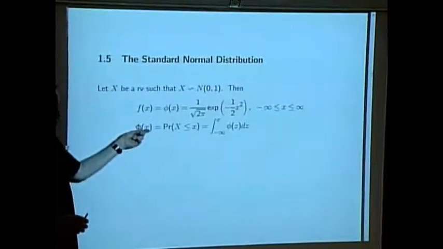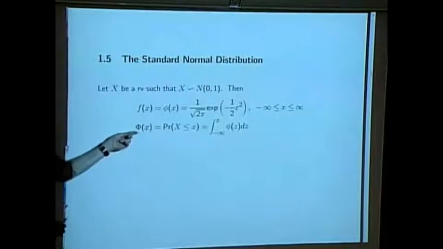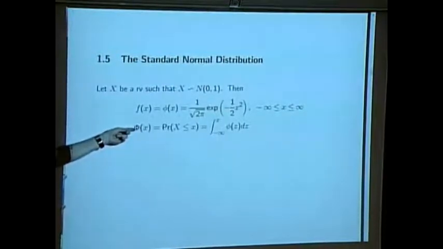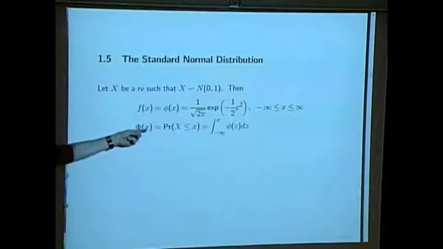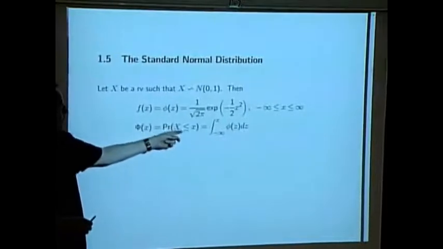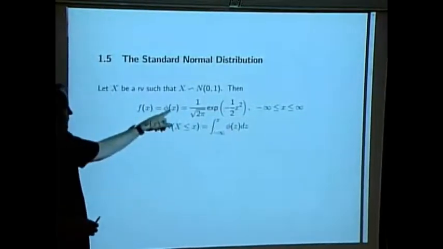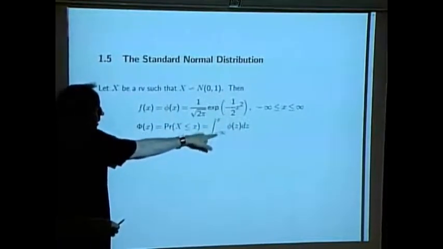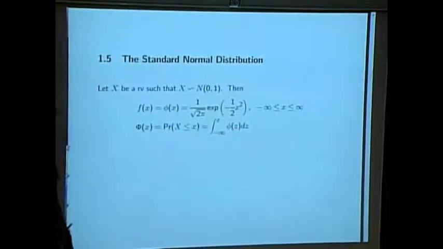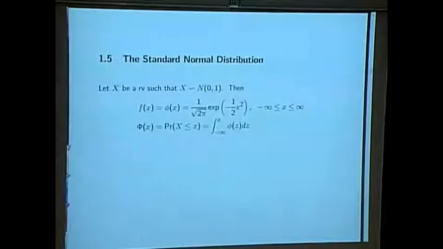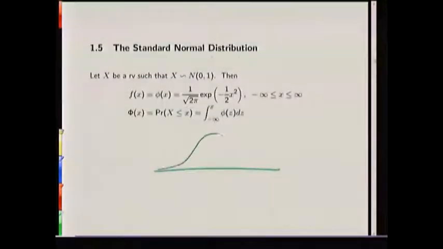The cumulative distribution function for the standard normal is represented by the capital Greek letter phi. And so phi of x is the probability that a standard normal random variable is less than or equal to x. It's just the integral of the probability curve from minus infinity up to x. So when we think of this function, it looks like this. It's a nice bell curve.